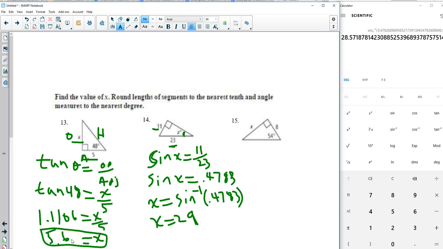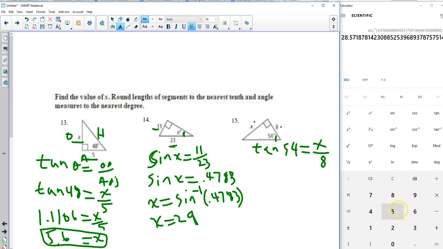On this next one, we have the angle here, and we have the opposite and the adjacent to that angle. So we're going to have to use tangent again, just like we did on the first one. Tangent of 54 is going to equal x over 8.